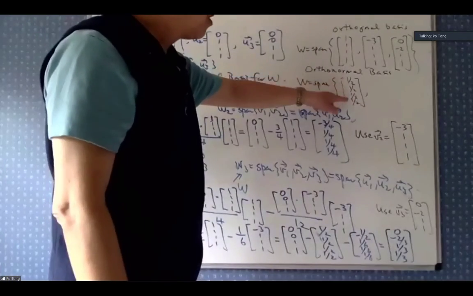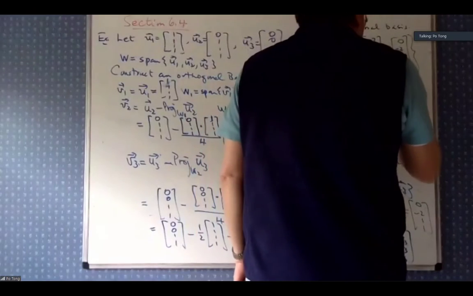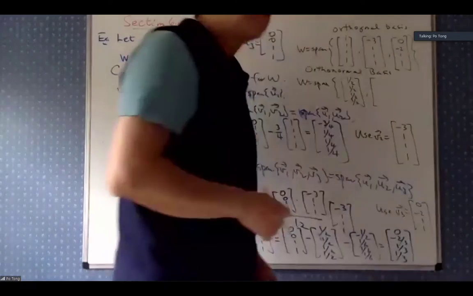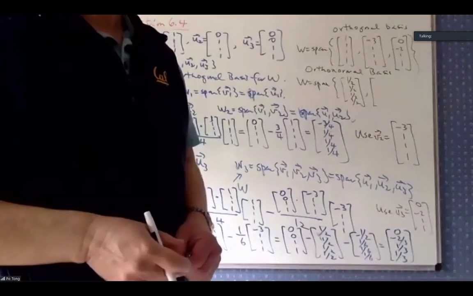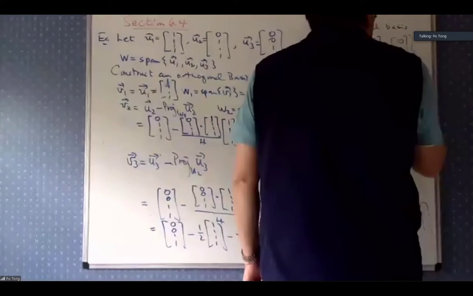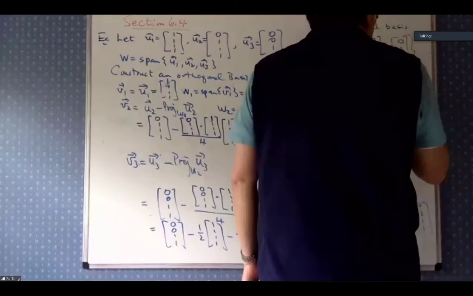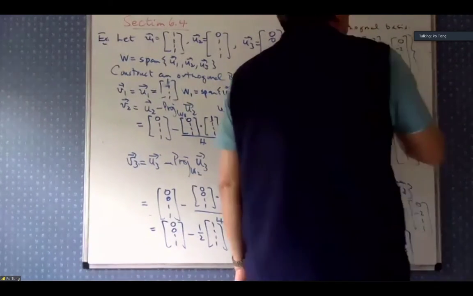1 quarter, 1 quarter, 1 quarter, 1 quarter after you square them and you add them up. What do we need to divide this guy by? 9, 10, 11, 12. Divide by 12. Not 12.